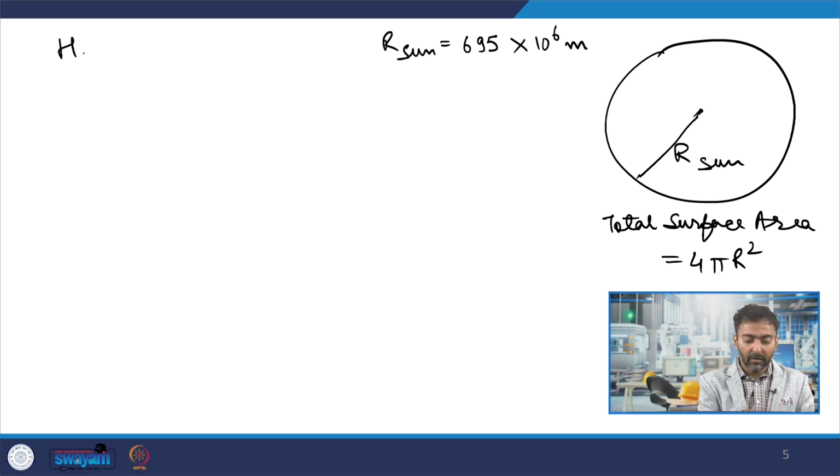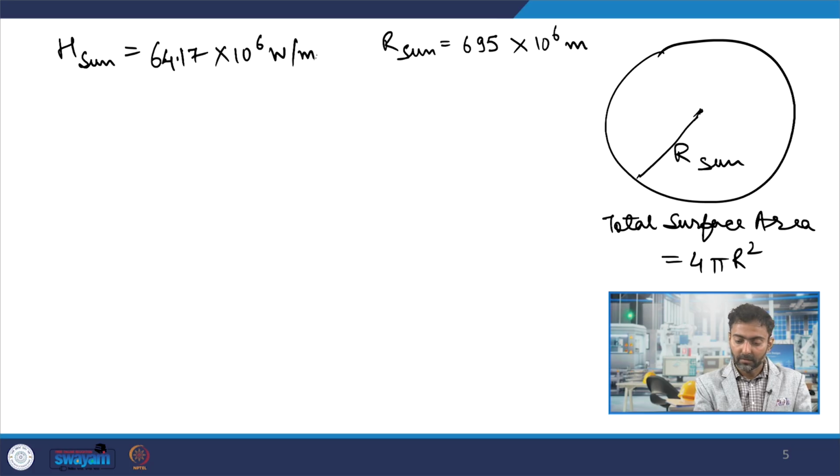H sun, or the radiation intensity at the surface of the sun, the surface luminosity of the sun, that we just now found out, that is 64.17 into 10 to power 6 watt per meter square.